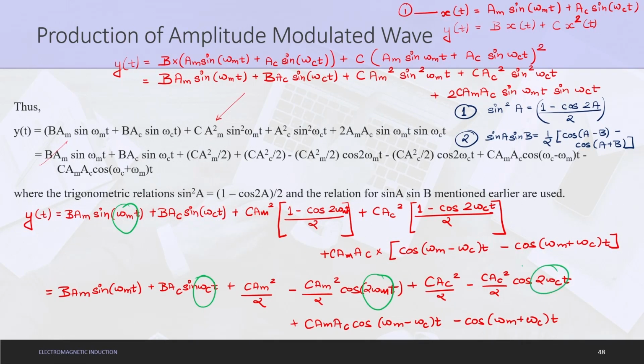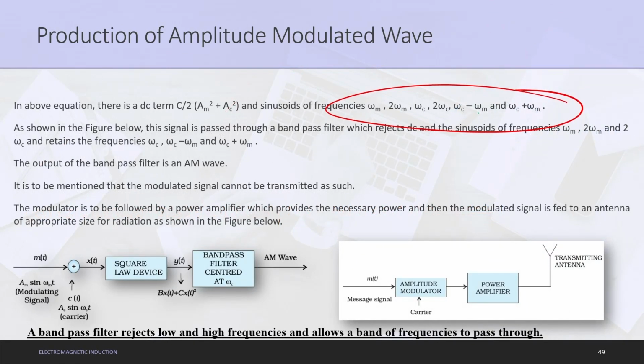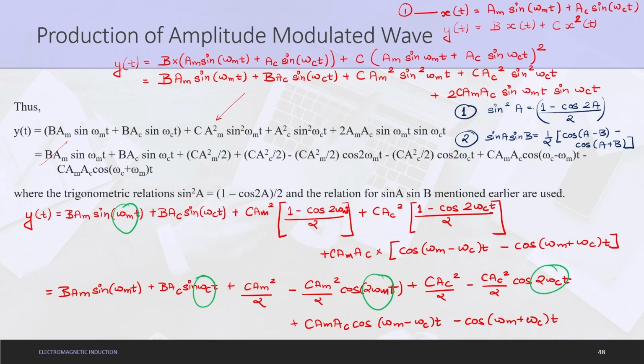Next is omega c minus omega m and omega c plus omega m. Please make sure cos of minus theta is equal to cos theta, hence writing omega m minus omega c or omega c minus omega m is the same.